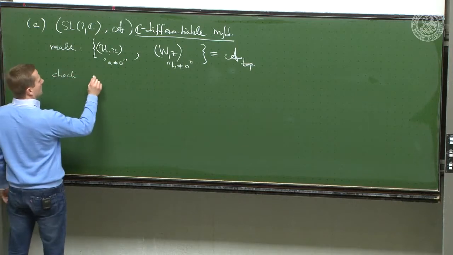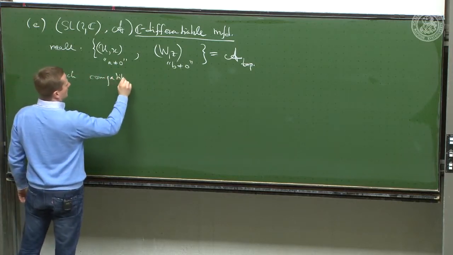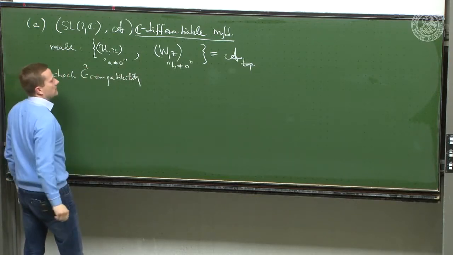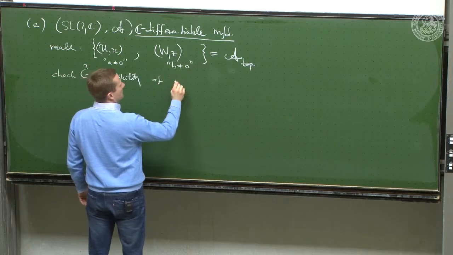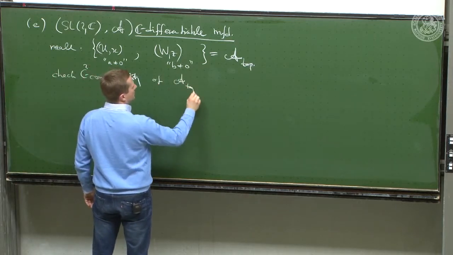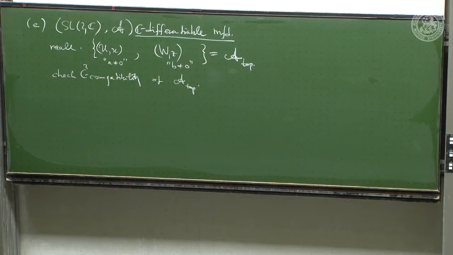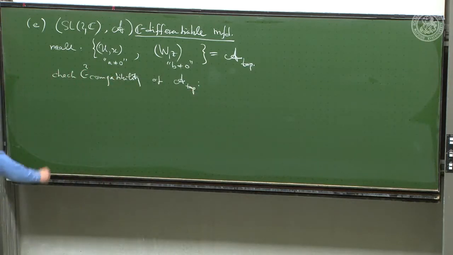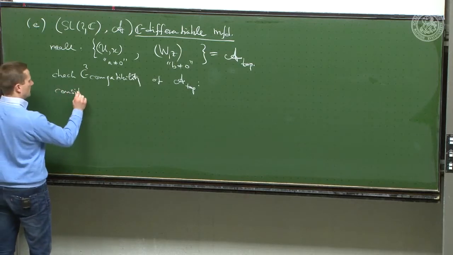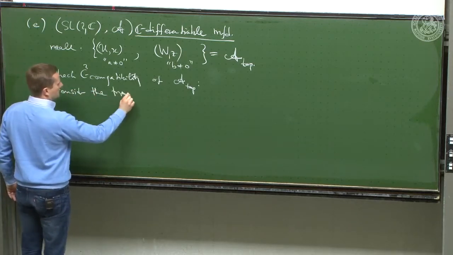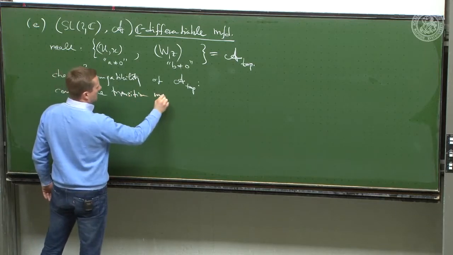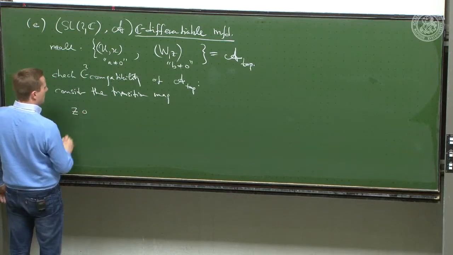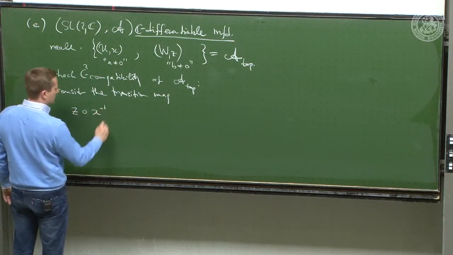So check C-question-mark compatibility of the charts in the topological atlas. There's certainly C0, but are there more? So what do we do? We consider a transition map, Z after X inverse.